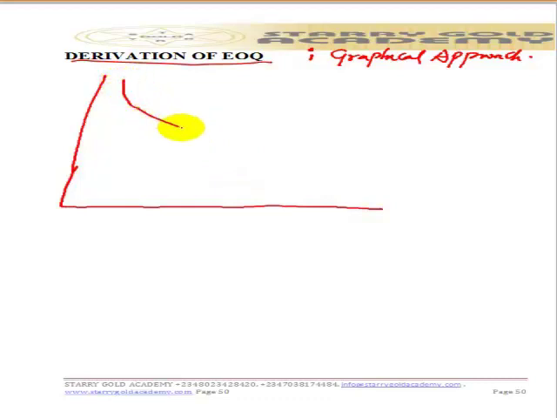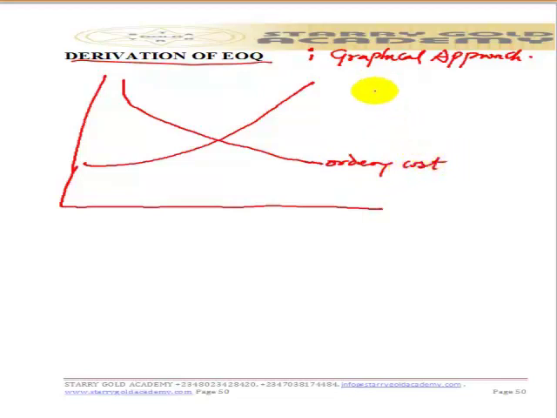Now we have the ordering cost going this way, and we have the carrying cost going this way. And from our explanation, we said the economic order quantity is achieved where the ordering cost and carrying cost of a company equate. So at this point, this is the equilibrium position.